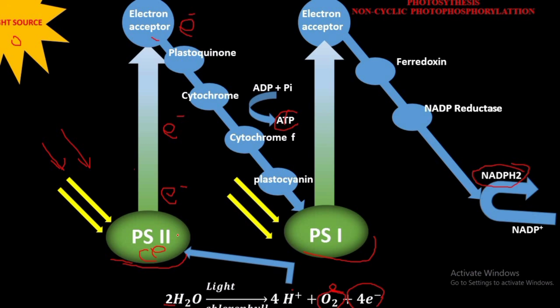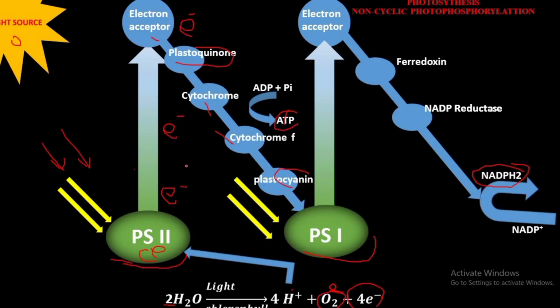The electrons from photosystem 2 do not go directly to photosystem 1. They pass through a series of electron carriers, which include plastoquinone, the cytochromes, and plastocyanin.